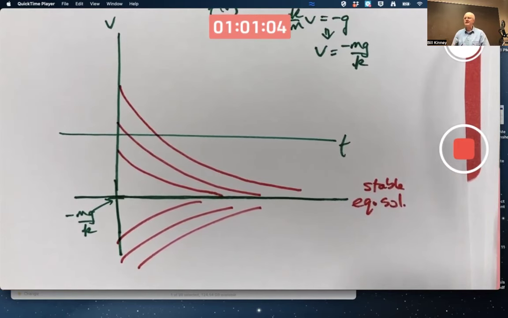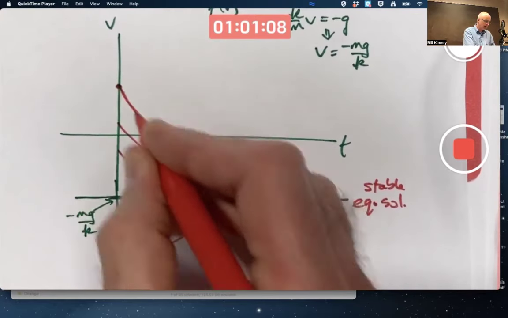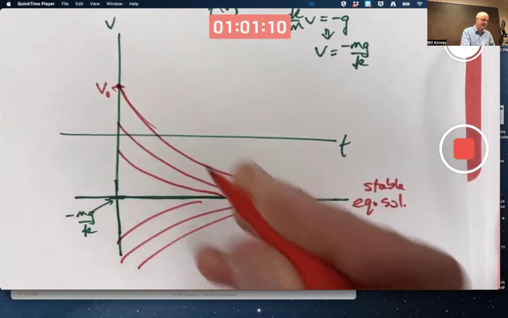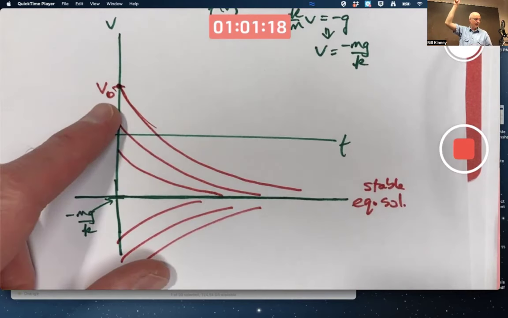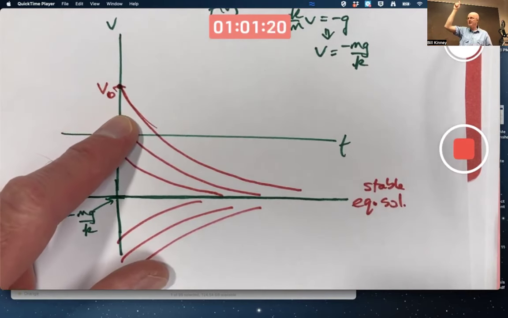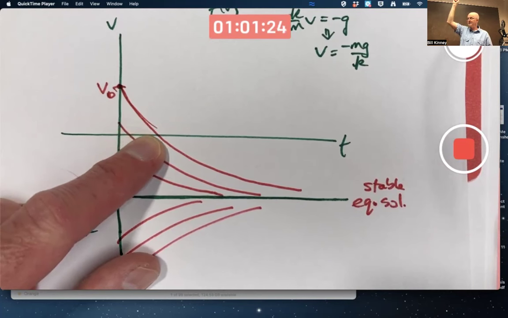What does this mean physically? If this curve were our model based on a certain initial velocity that I'm assuming is positive, take the ball, you're throwing it straight up. What's happening? Right away, the velocity starts getting closer to 0. It's slowing down. At this moment in time, the velocity is 0.